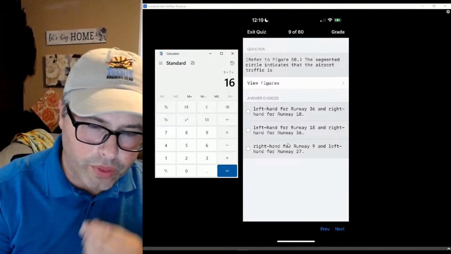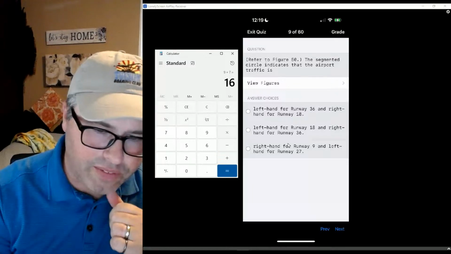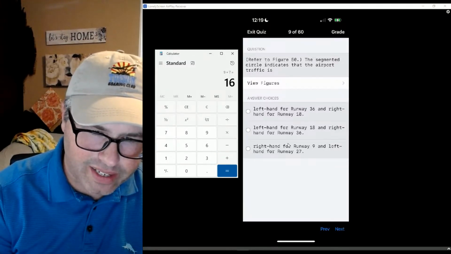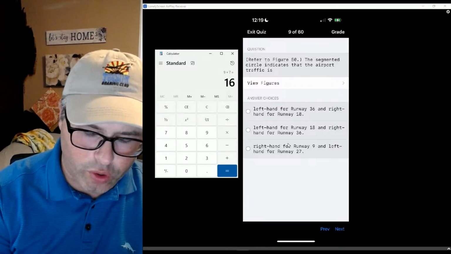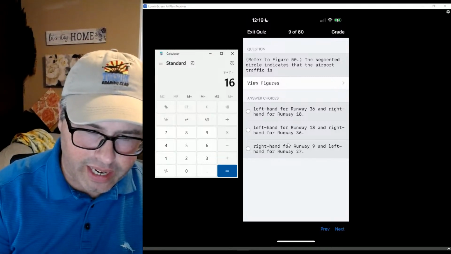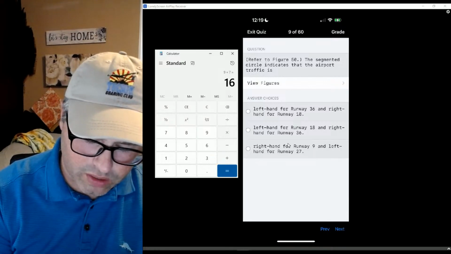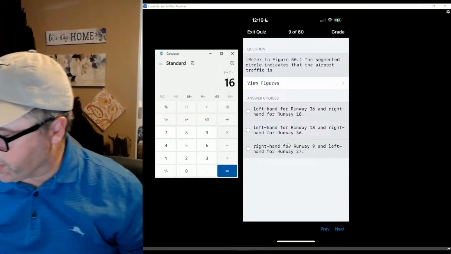Okay, left hand for runway 36 and right hand for 18. Left hand for runway 18 and right hand for 36, or right hand for 9 and left hand for 27. Runway 27.